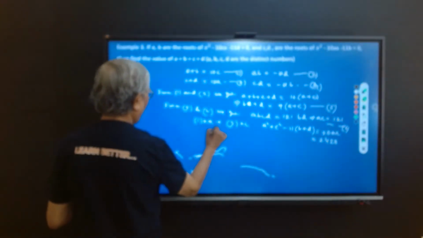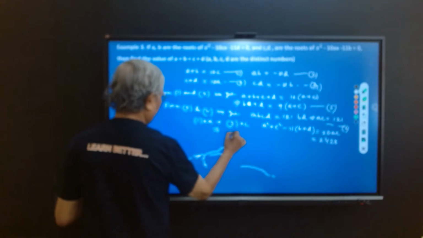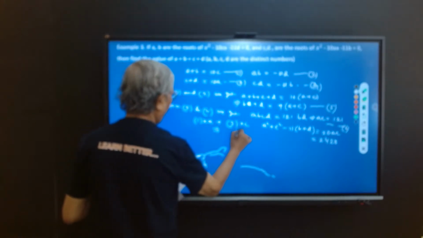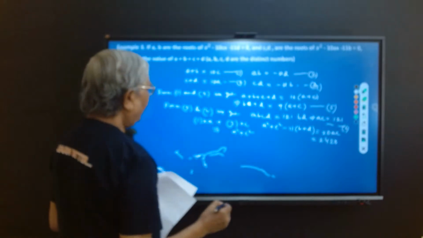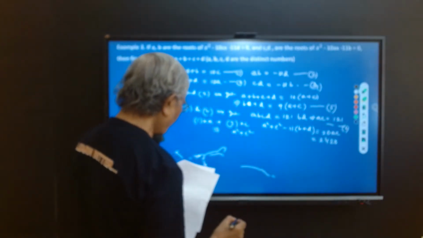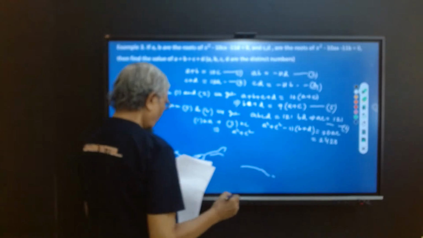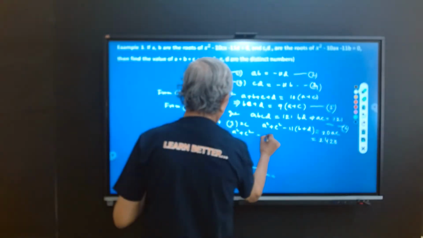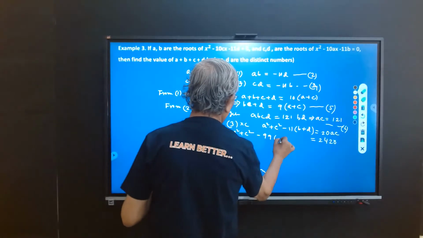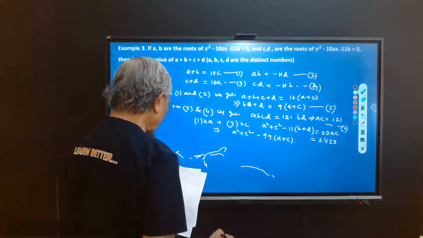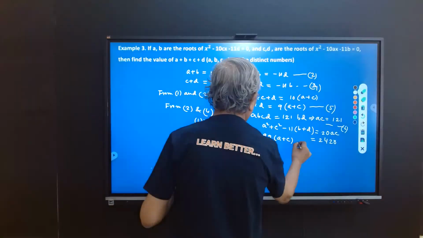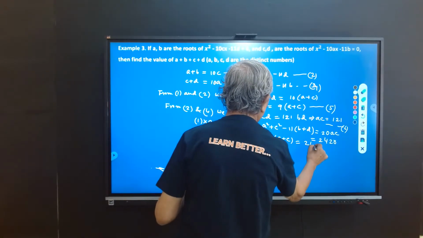This will imply A squared plus C squared minus 99 into A plus C equals 2420.